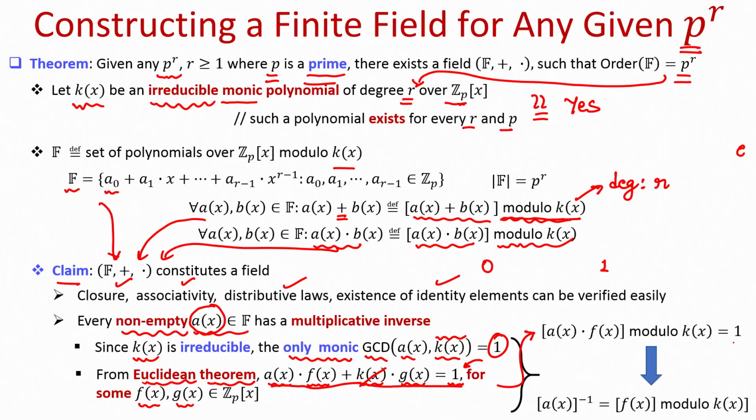In other words, I have found 2 polynomials which, when multiplied modulo K(x), give me 1. So f(x) can be treated as the multiplicative inverse of A(x). Now, if f(x) has degree at most r minus 1, well and good, but if that is not the case, I can reduce f(x) modulo K(x) and that will give me a polynomial of degree at most r minus 1, which when multiplied with A(x) will give me the identity element 1.